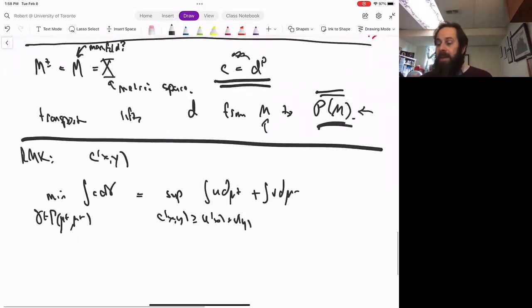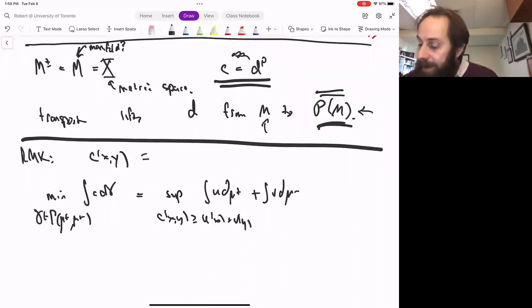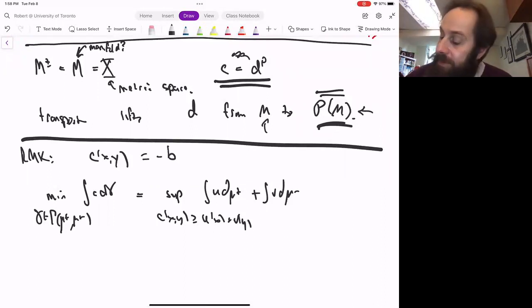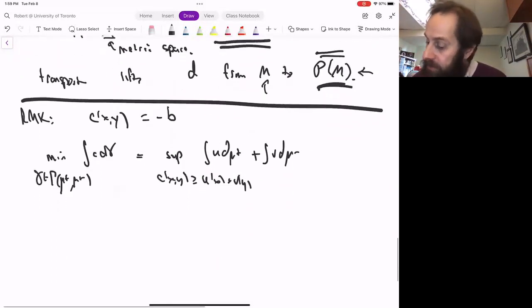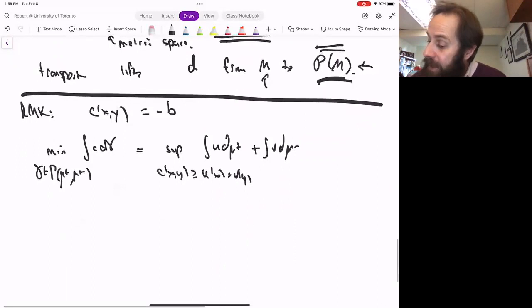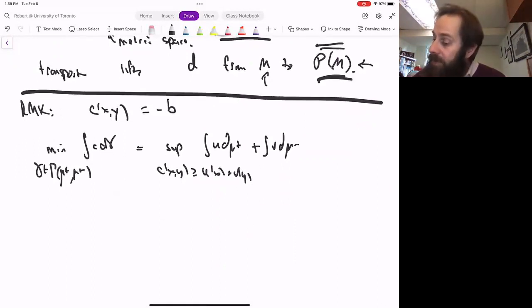Here c is minus b, and when we wrote down the duality for b, the whole thing was multiplied by -1, including u and v. But we have this relation, and the claim is that this simplifies.